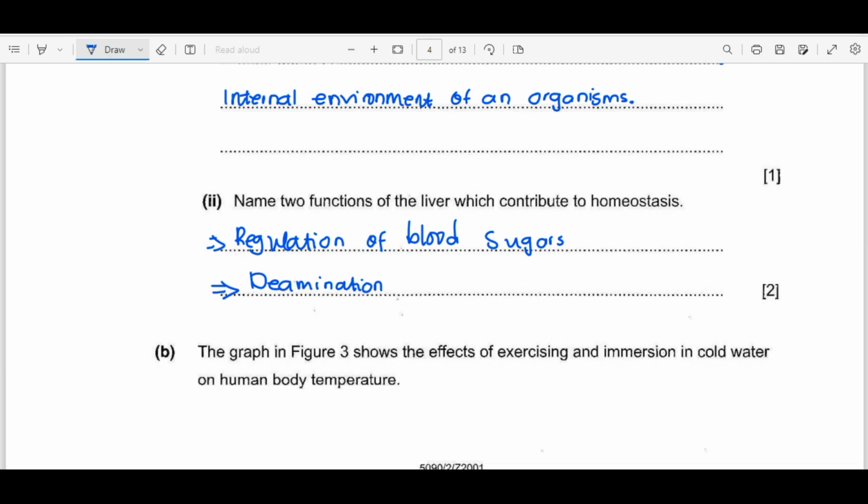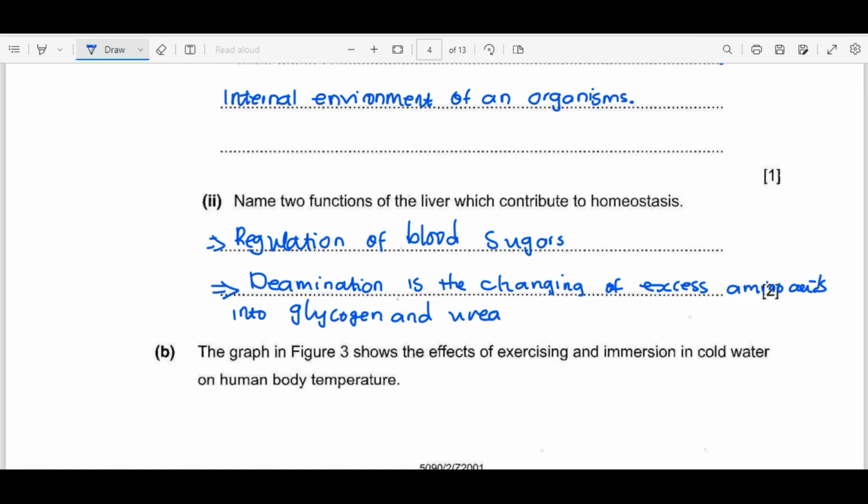So deamination is the changing of excess amino acids into glycogen and urea. So this is also part of homeostasis. Okay, so that is our answer there.